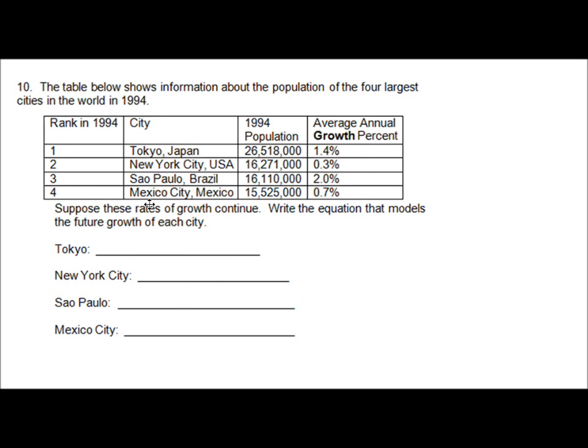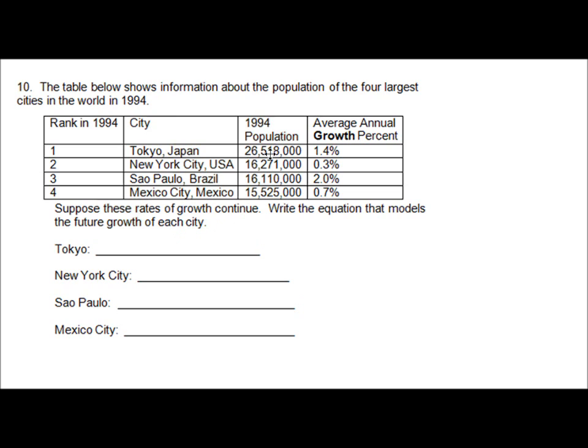So let's look at the 10th question in your worksheet. This is a real life situation again. The population of the 4 largest cities in the world in 1994 is given. Suppose these rates continue to grow. What is the equation that models the future growth of each city?